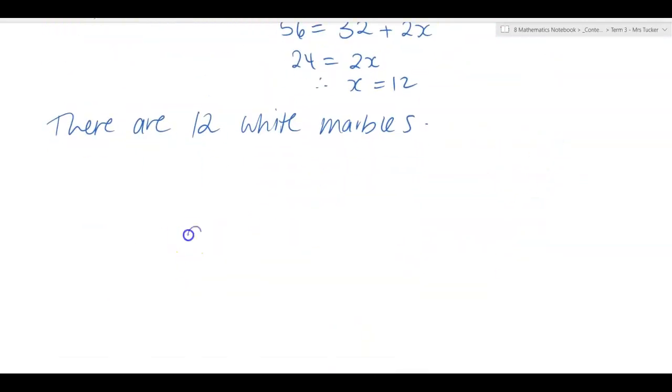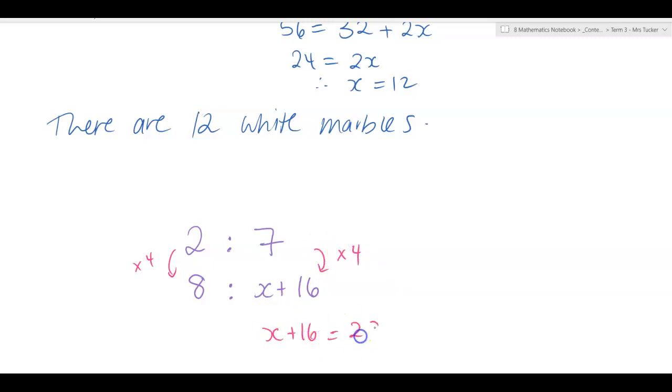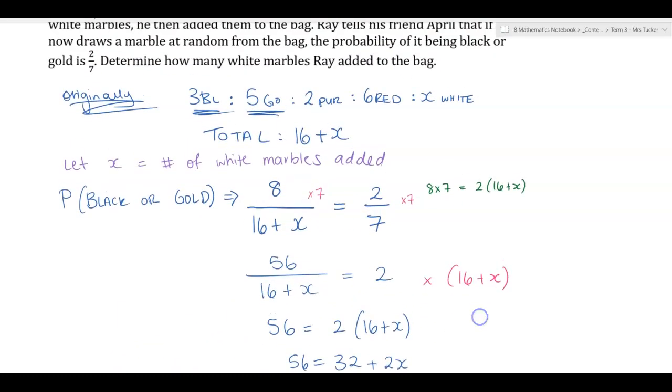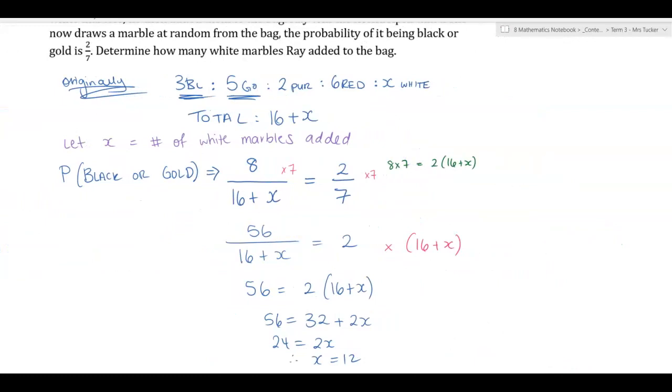We could have said we've got 2 is to 7, and then 8 is to x plus 16, basically. So you could have used ratios. We times that by 4, we times that by 4, and we know that x plus 16 equals 28 marbles. Then you get x equals 12. Yeah. As long as you show your ratio that works. Okay, excellent.